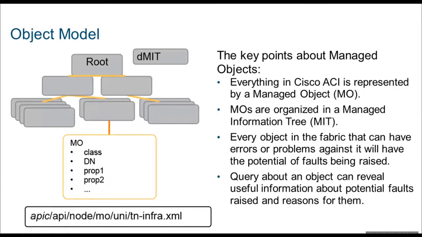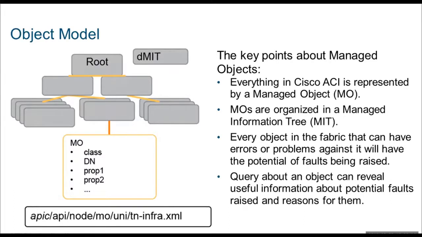Next is information about the management information tree. You keep hearing it. Why do you keep hearing it? It's actually a very crucial player in the programming world. This is known as the distributed management information tree.